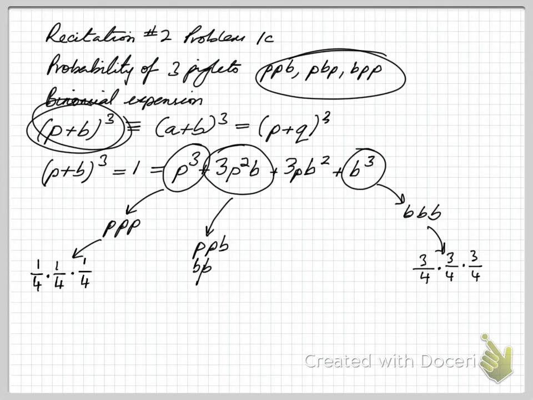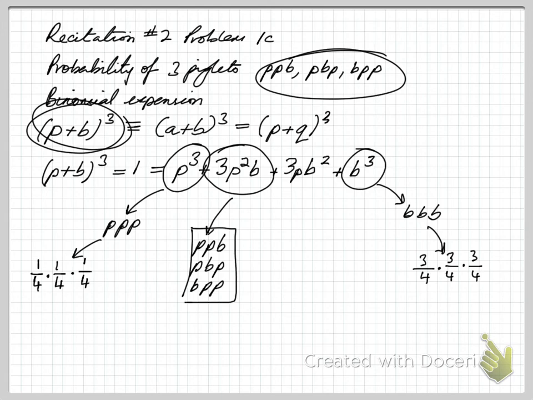I've messed it up a little bit. Let me find the eraser here real quick. There we go. If we're looking for 2 pink piggies, we could have pink, pink, black; pink, black, pink; and then black, pink, pink. And so we're basically asking, what is the probability of this event happening?